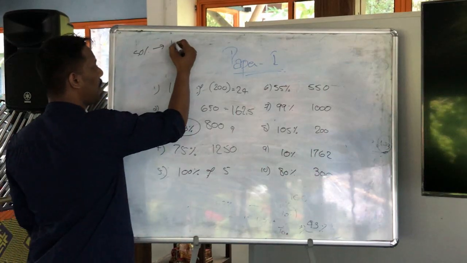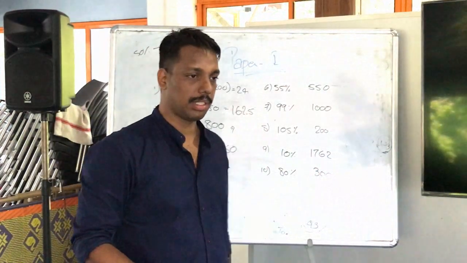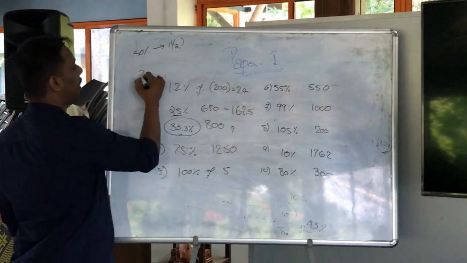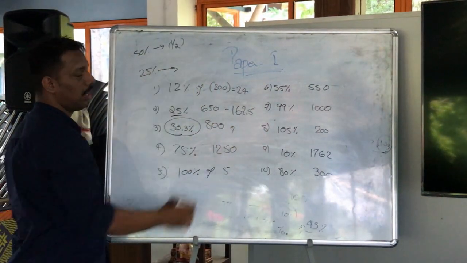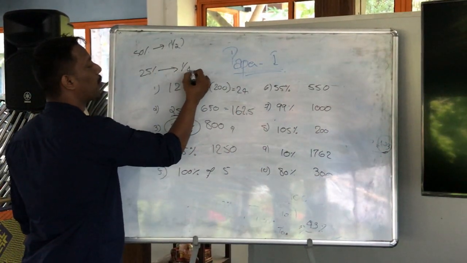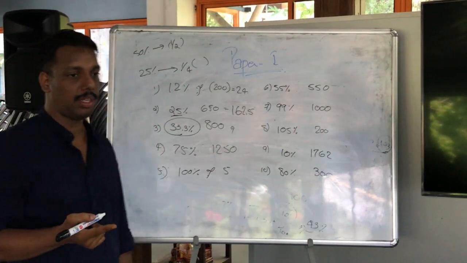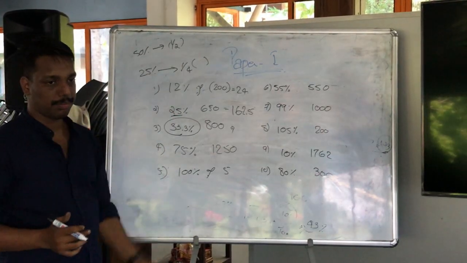That is half, 1 by 2 of such number. And what is 25%? 25% of a number means 1 by 4th of that number.